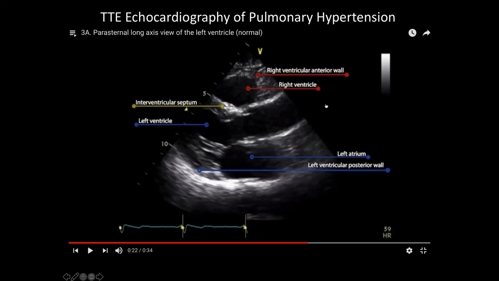But now with these TAVR operations, if you're really sick and open heart surgery doesn't look like a great thing for you, you can get a new valve with a TAVR operation, which is great. CT is principally used to plan for that.